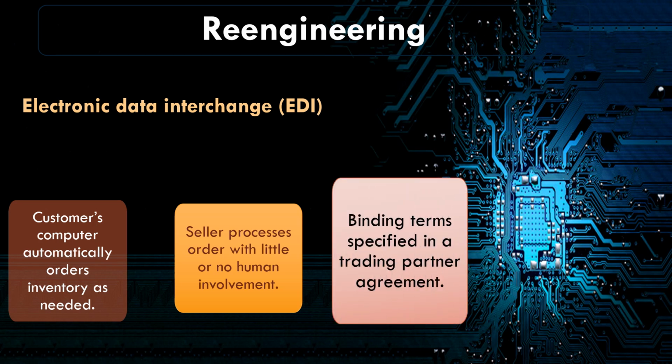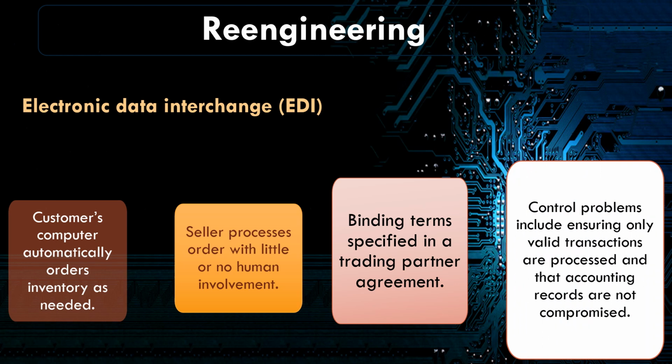And then the binding terms are specified in a trading partners agreement, or sometimes we have online catalogs where the customers can select the item that they want to buy. Control problems include ensuring only valid transactions are processed, and the accounting records are not compromised.